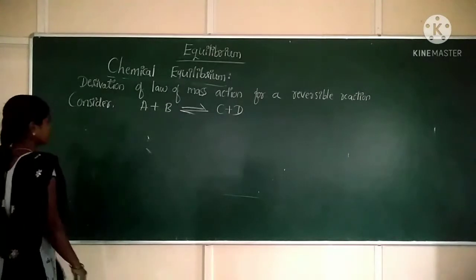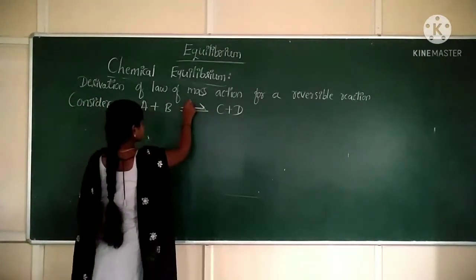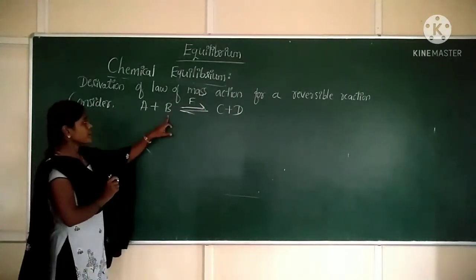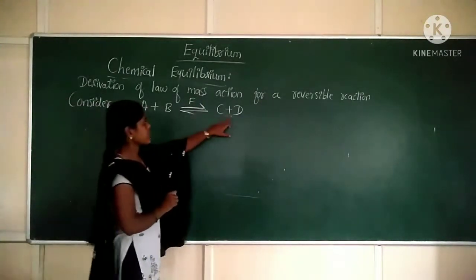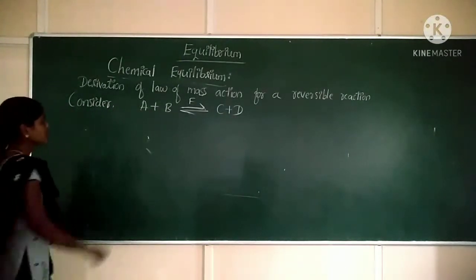Now for the forward reaction, A and B will be the reactants and C and D will be the products. Now write the rate for the forward reaction.